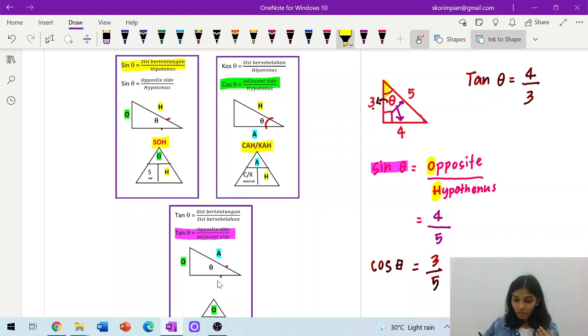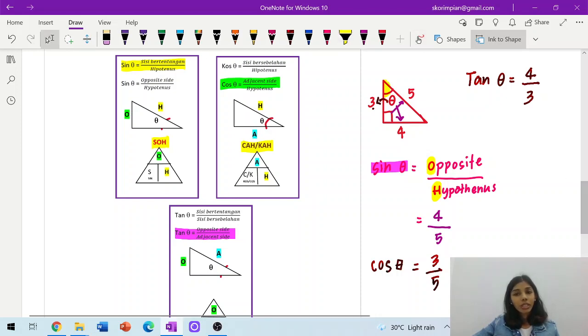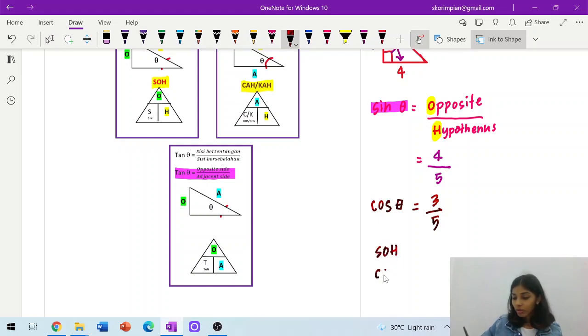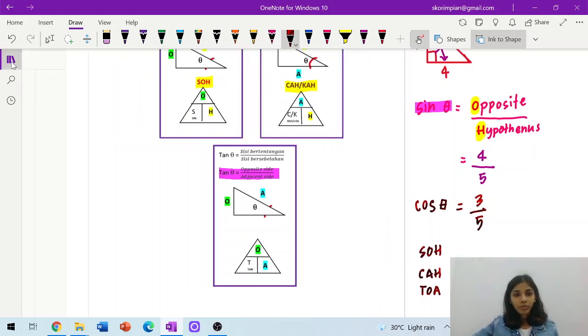And your tangent here is represented by TOA. So CAH TOA. TOA stands for T for tangent, O is opposite, and A is adjacent. So this is an easier way for you to memorize, a simpler formula for you all to memorize: SOH CAH TOA.